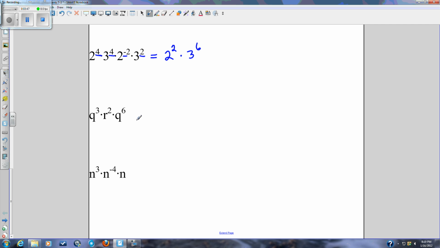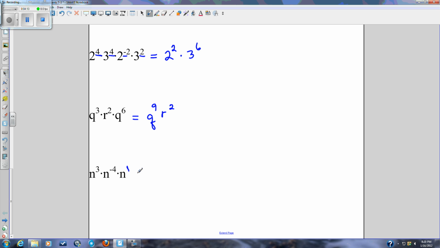Next, q to the 3rd times r to the 2nd times q to the 6th. Add together the exponents on the q's, so we have q to the 9th power, and then we have just r squared, because there's no other r involved in this particular problem, so we just have to keep the one we have. This next one, n to the 3rd times n to the negative 4 times n.